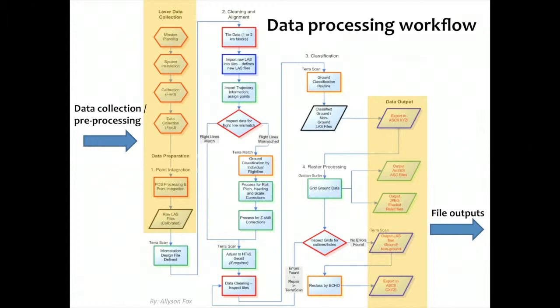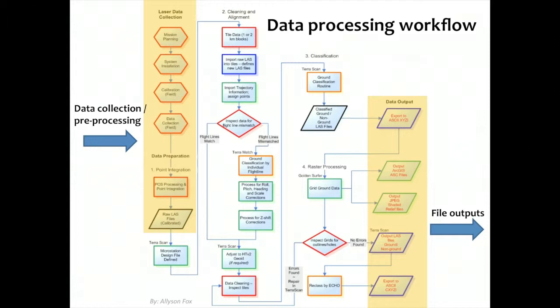I'm not going to go through all of these steps, but this is typically what we would do. So we'd have some tile set up, we'd set up a project, we'd bring in the flight lines, we'd do some bundle adjustments or matching of those flight lines. We do some quality control to get rid of high points, low points, and so forth. And then we'd probably get into filtering the data, do some ground classification or classification of other data attributes.